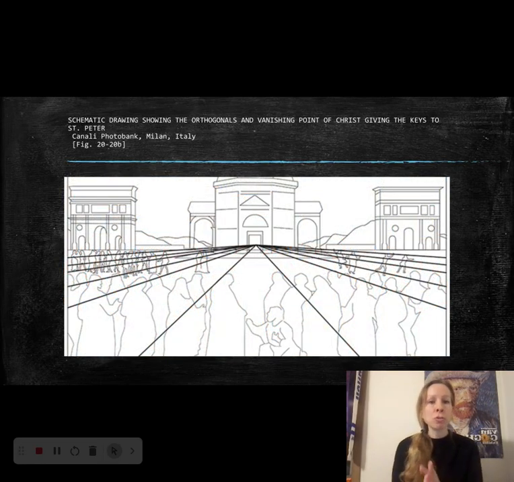All right, so here would be a drawing, which would logically be done first. These are the orthogonal lines, and you can see how the figures fit within those as they go back into space.